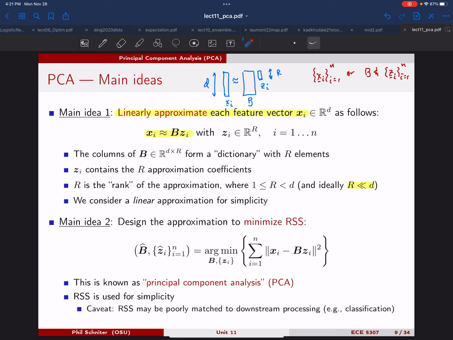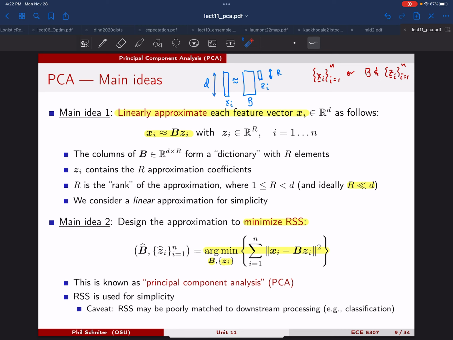Okay, so that's the first main idea. The second main idea is, well, how do we design the B and the zi's? And we design them to minimize RSS. So we want to choose B and all the different zi vectors so that when you look at the sum over all our data samples of the difference between the original feature vector xi and its approximation, that this is the RSS, that RSS is small.